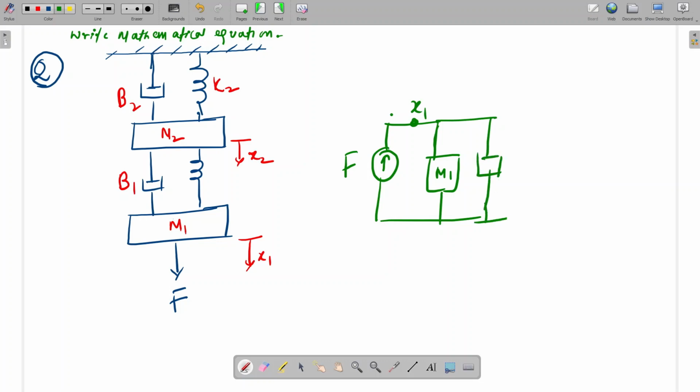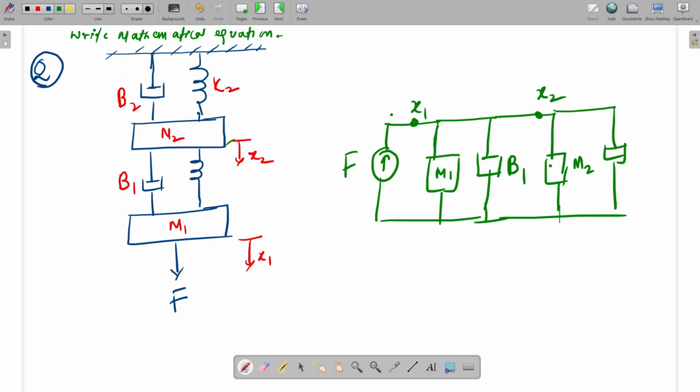This is B1. And further here X2 is there. So here it will come the X2 node. And with X2, what things are connected? This M2 is connected, so here it will be M2, and again this B2 and K2. Here I have missed K1, I think. One second. Now I have made some mistake here. See, between X1 and X2, this B1 and K1 are connected.